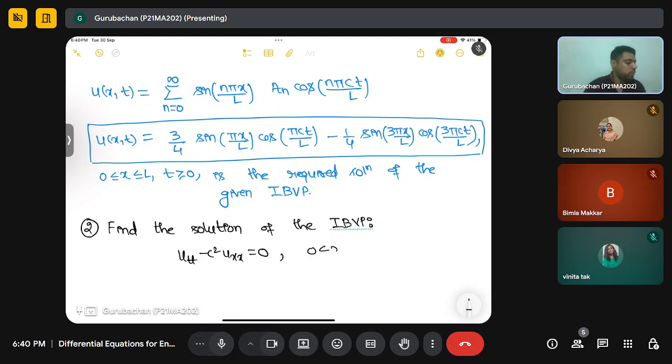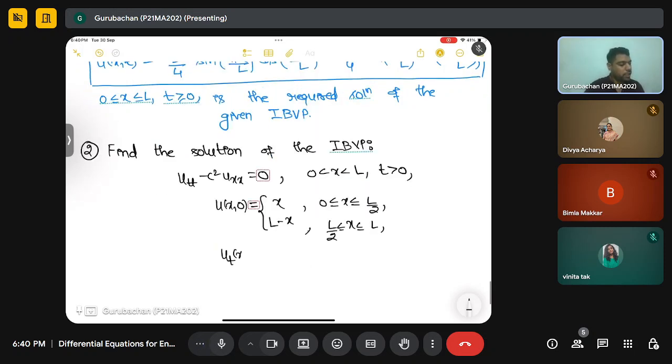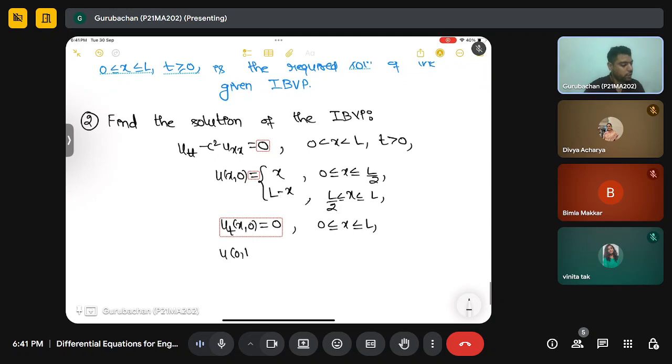where your x lies between 0 to L, t is greater than 0, and your initial condition is given as u(x,0) equals x when x lies between 0 to L by 2, and when it lies between L by 2 to L, this is L minus x. ut(x,0) is 0 for all x. u(0,t) is 0. u(L,t) is 0.